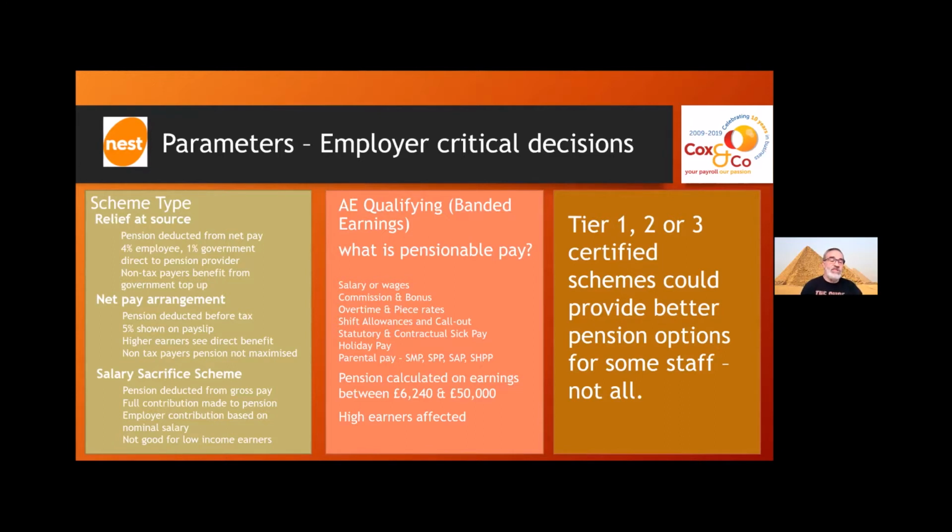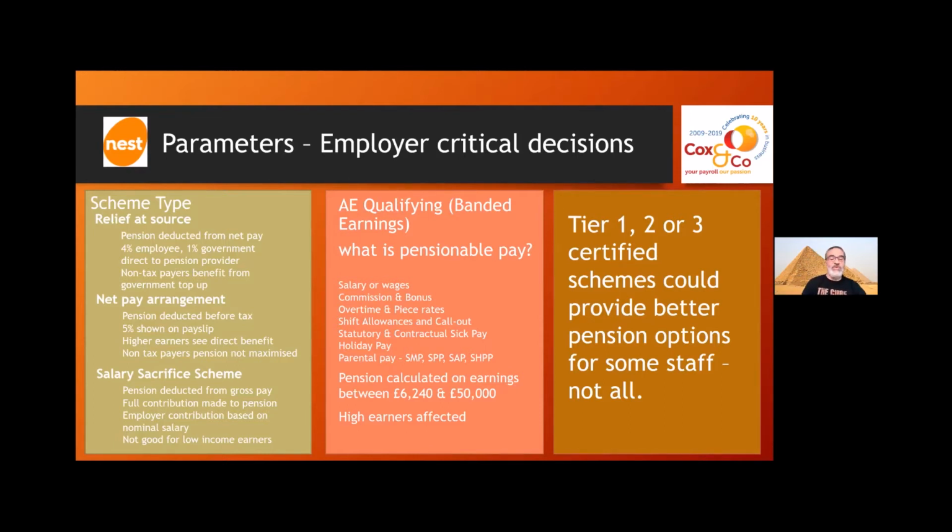Net pay arrangement, I've already said, is particularly relevant and useful for workforces with predominantly highly paid employees. It just saves them the admin of claiming that tax relief. It's not a hard thing to do. You phone up HMRC and say, I make pension contributions at a higher rate, and they then adjust your tax code accordingly.